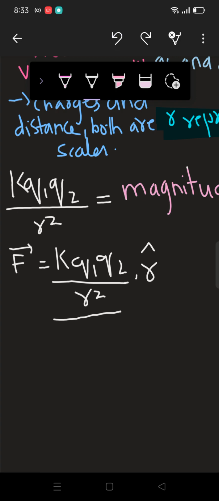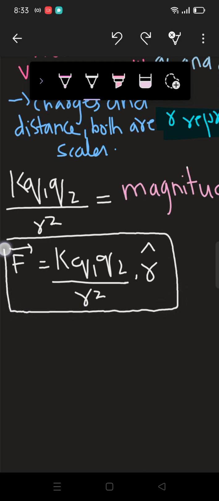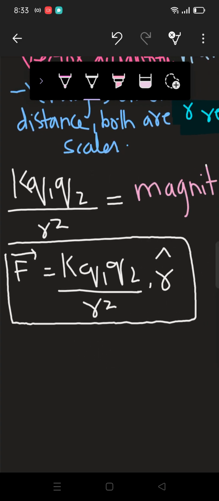The unit vector is always used to give direction, and it is represented by R cap, any variable with a cap on it. That is basically the representation of the unit vector.